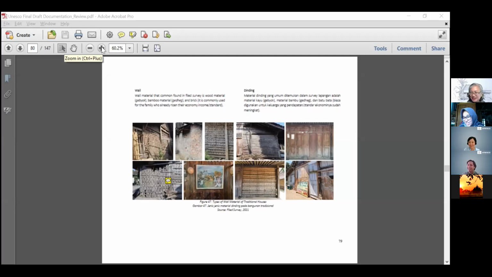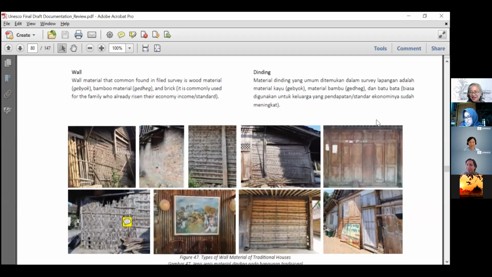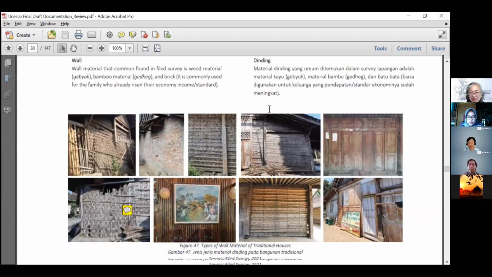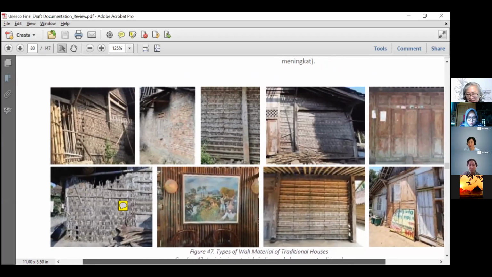And also Ibu Titi, the president of Jogja Heritage Society. Nice to meet you. She regretted she could not attend today because of preparation for Christmas, but finally she came. Oh, that's very nice.